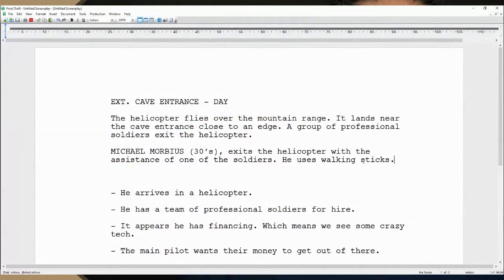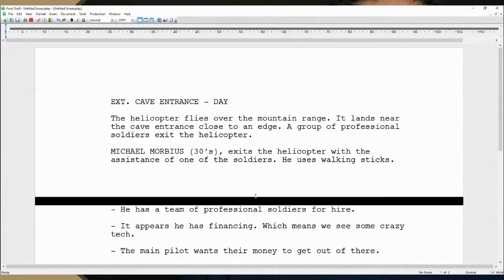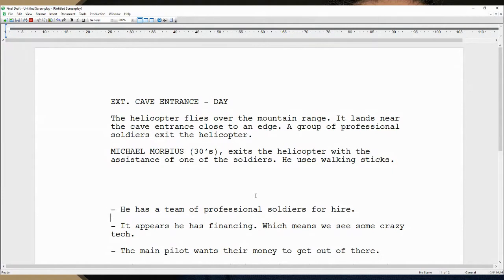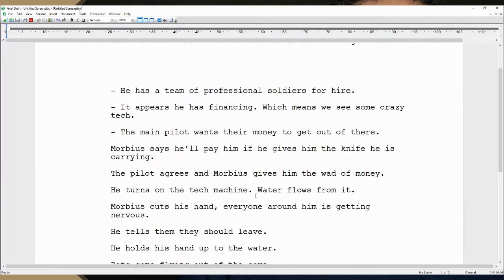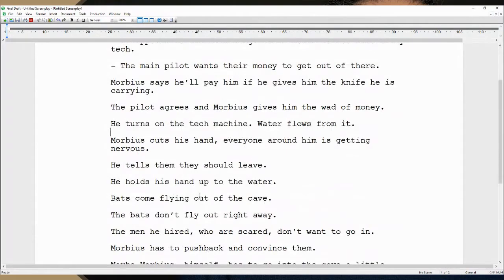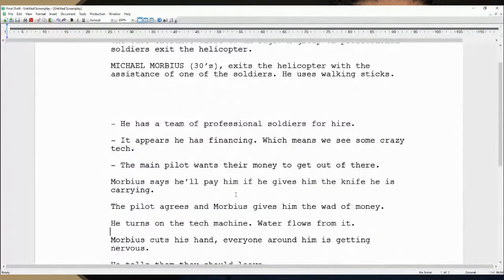But anyway, so now I know I got rid of this. Okay. We're gonna find out that they're hired in a moment, but it appears he has financing. All right, well, let's go with that. The main plot, Morbius says, the plot agrees that he turns the tech on. The flying bats. Okay, we don't see the sticks yet. All right.